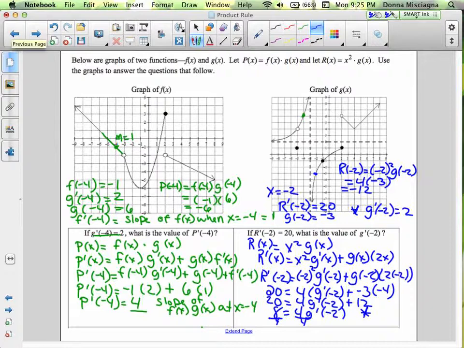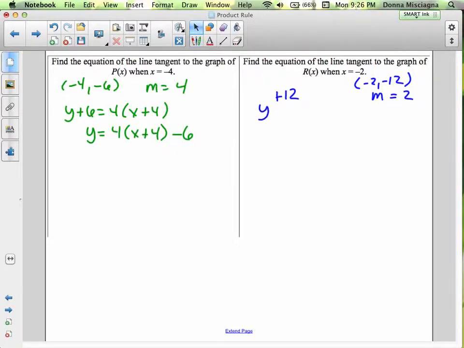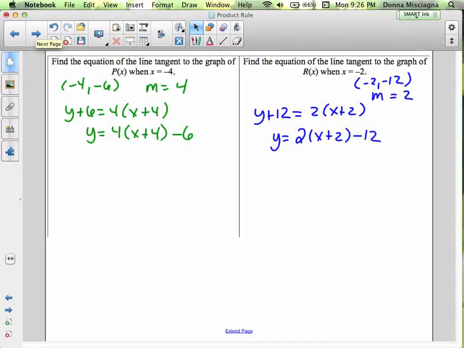All right, so our point is -2, -12, and the slope is 2. And that gives us, I'm going to write it down, -2, -12, and a slope of 2. So y plus 12, I got all this space over here. y plus 12 equals 2 times x plus 2, or y equals 2 times x plus 2 minus 12. There we go. Another one done.